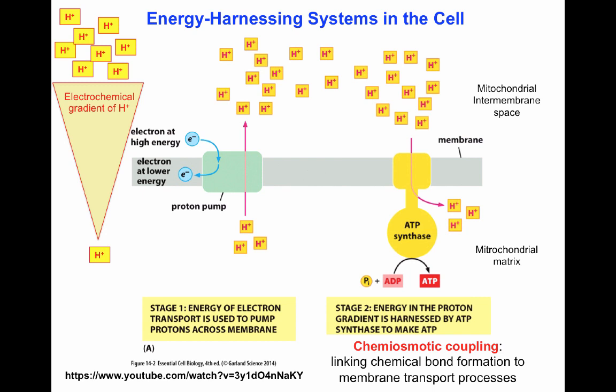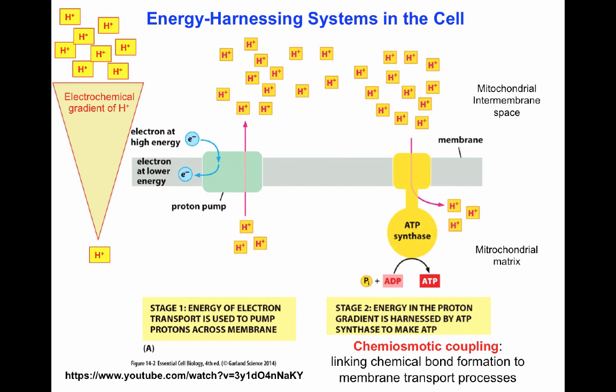As shown here on the left, the electrochemical gradient of those protons is greater on the outside of the inner membrane, in the intermembrane space, than in the matrix of the mitochondria. Therefore, you require the energy of the electrons to pump those protons against their concentration gradient.